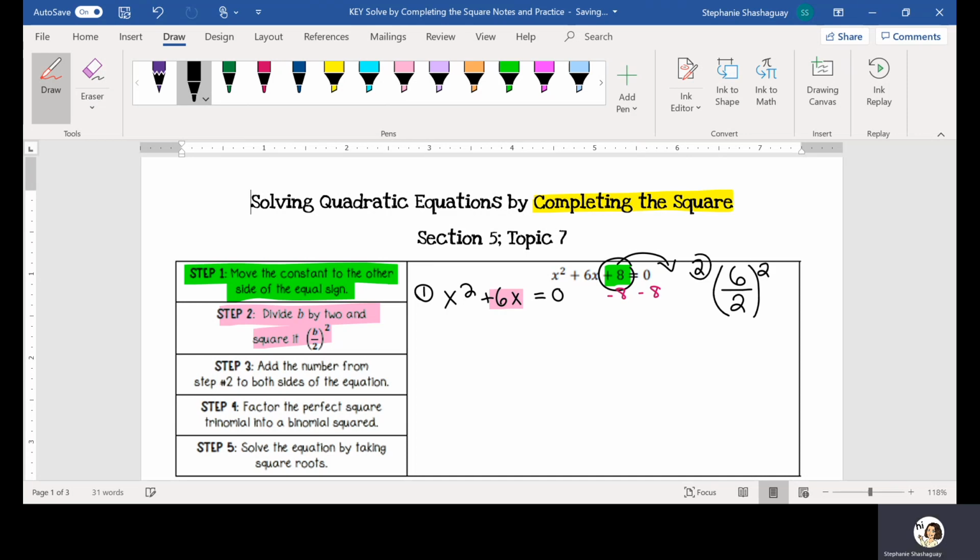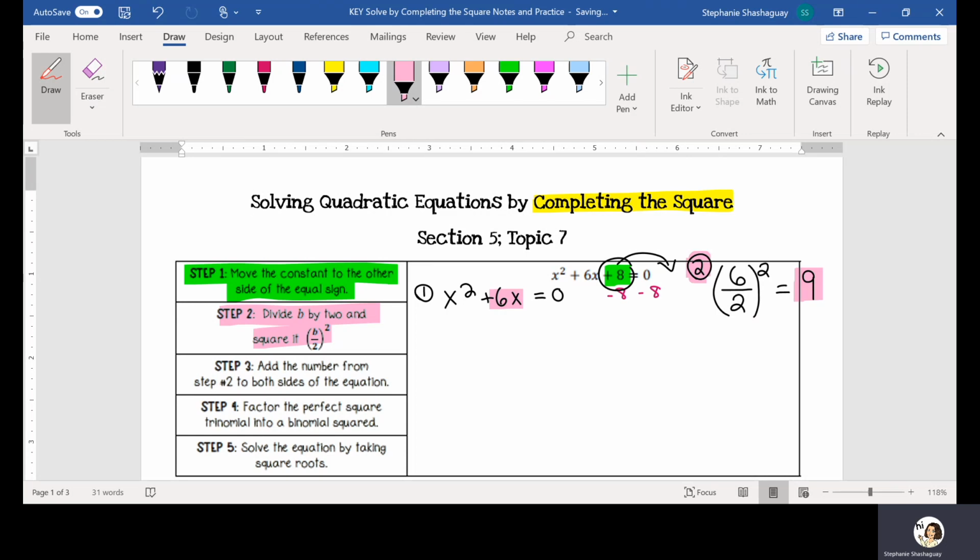So this is step 2 over here. When we take 6 and divide by 2, we get 3, and 3 squared is equal to 9. Okay, so we took our b, divided by 2, and squared it, and we got 9.